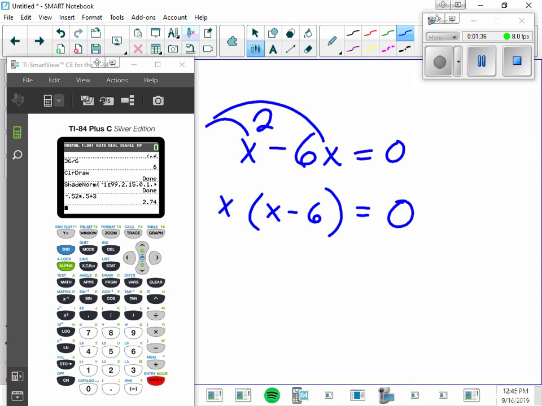Now, kids make mistakes on these problems all the time. And they're very, very simple to solve. You just have to remember what's going on. If I had a times b equals 0, what can you tell me about a and b?